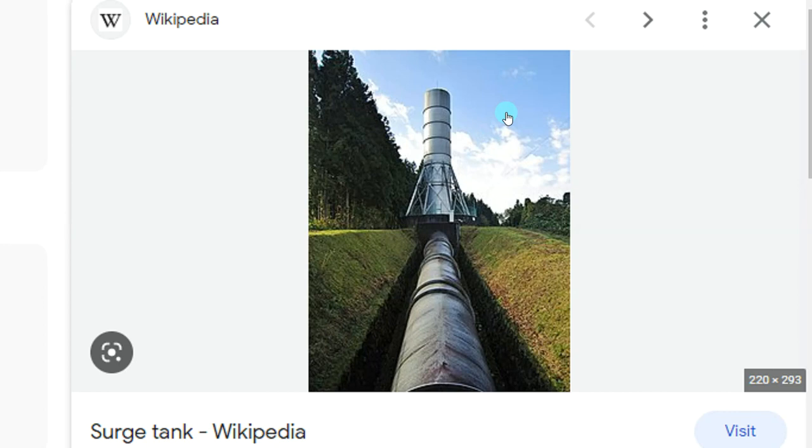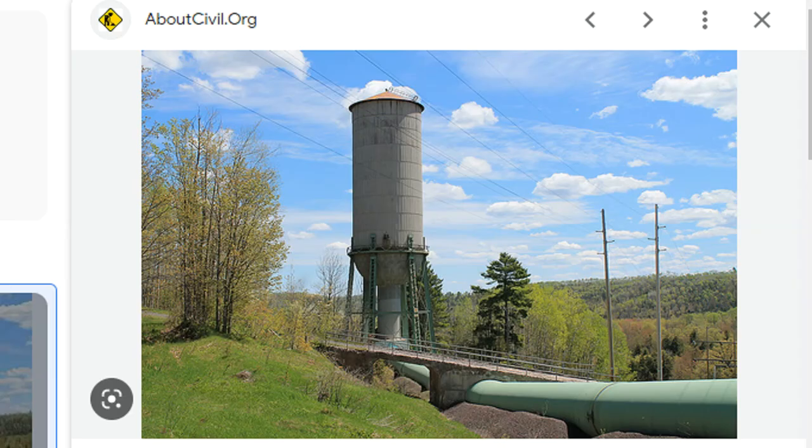What is hydropower water? Hydropower water is also called hydro energy water in water resources engineering. Why do we call it hydro energy water? So what is hydro water?